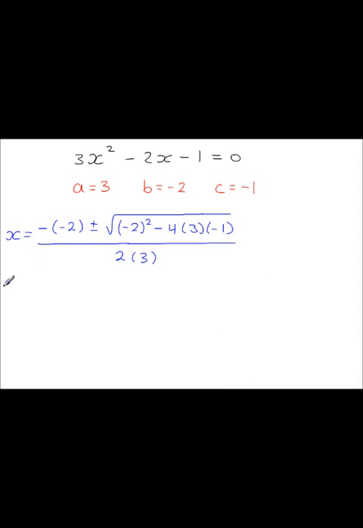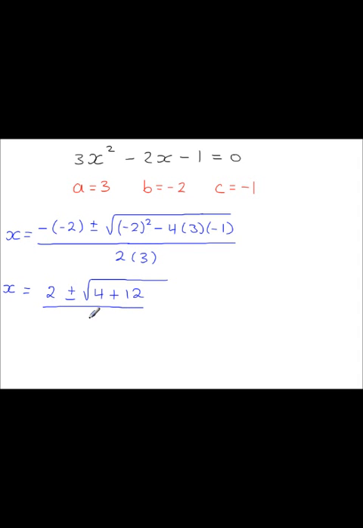And that simplifies to x is equal to minus minus 2 gives you plus 2, plus or minus square root, minus 2 squared is 4, a minus times a minus gives you a plus. 4 times 3 times 1 gives you 12.